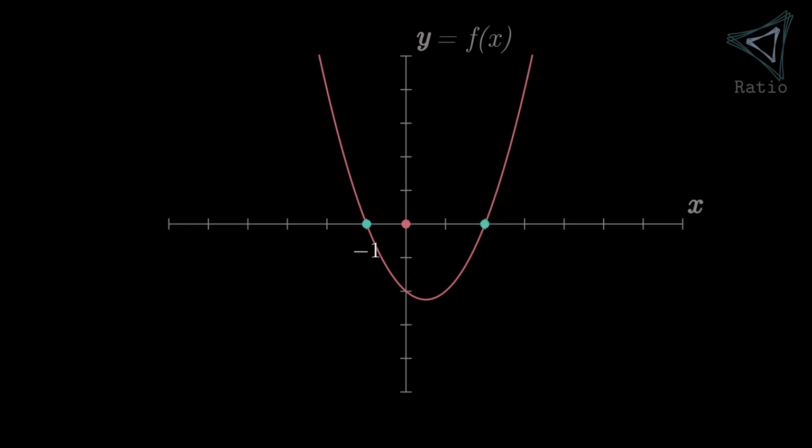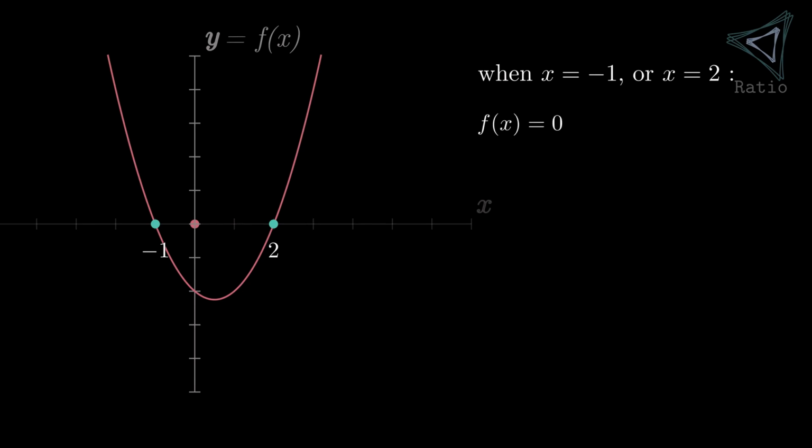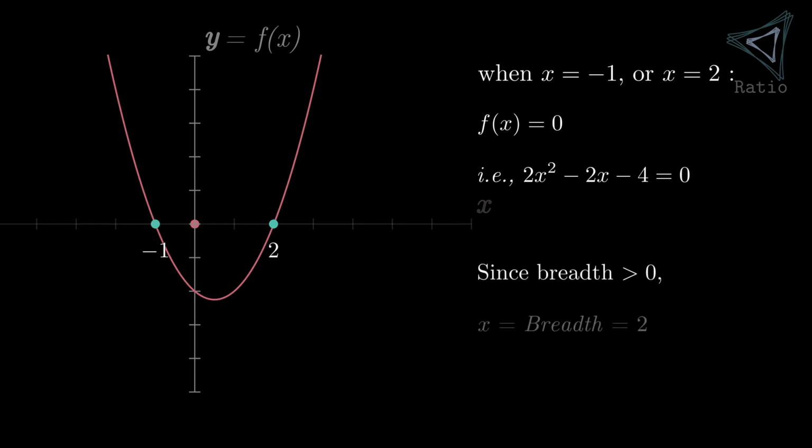To get the solution of our quadratic equation, we need to find the inputs where f of x is 0. These are -1 and 2. For these two inputs, f of x is 0. That is, these two values satisfy our equation. We take the input 2 as our solution, hence the breadth is 2 and the length is twice x minus 2, that is also 2.